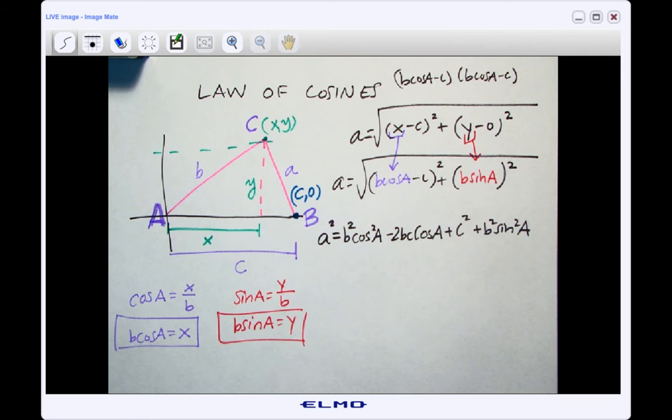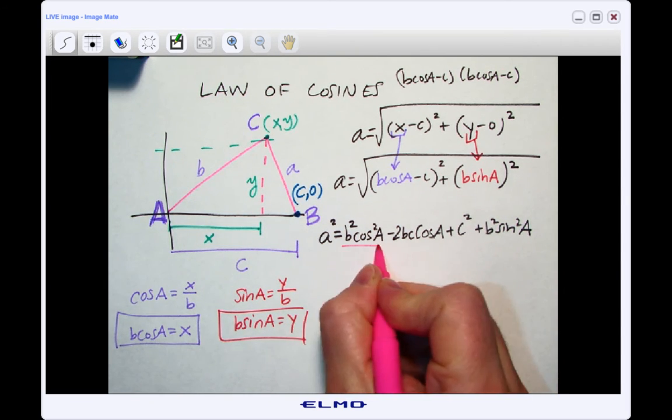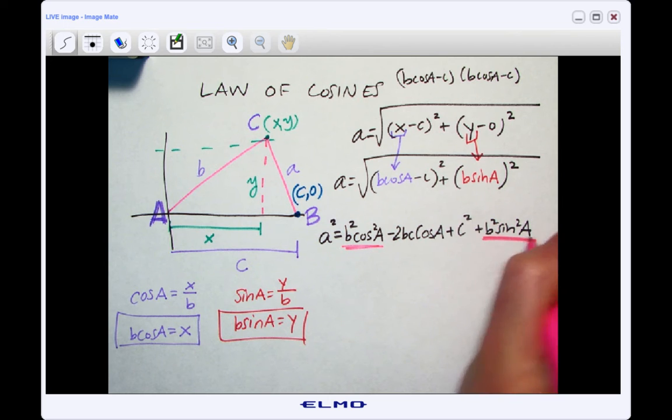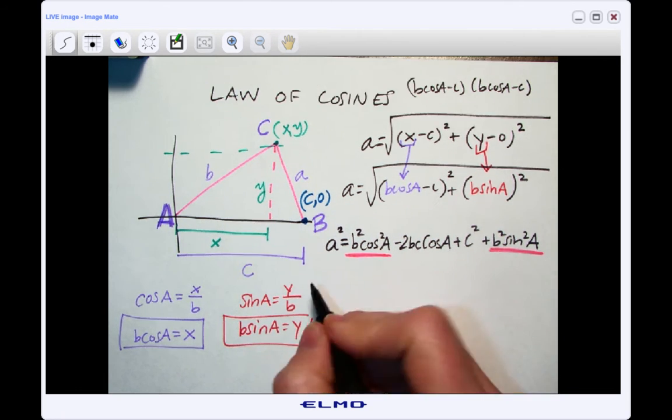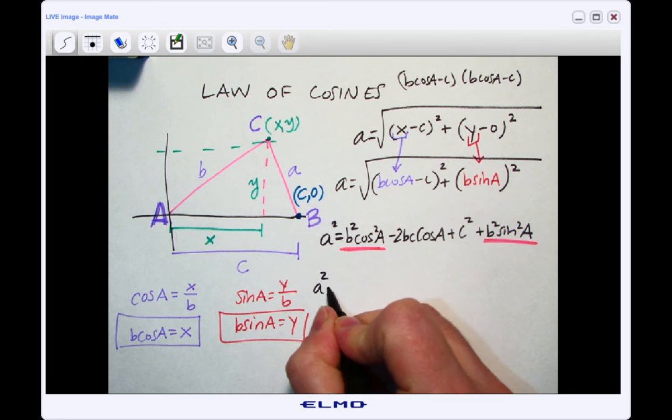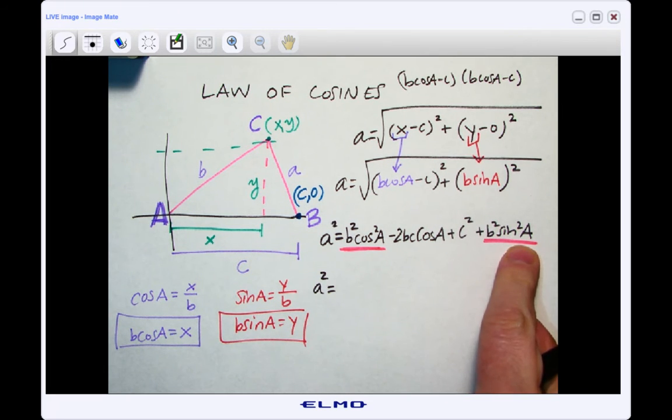All right? Now what am I going to do? I'm going to try to get rid of the sines because this is the law of cosines. So I'm going to do that by using one of my trig identities. And I see these two make me feel very happy because I see a cosine squared and a sine squared.